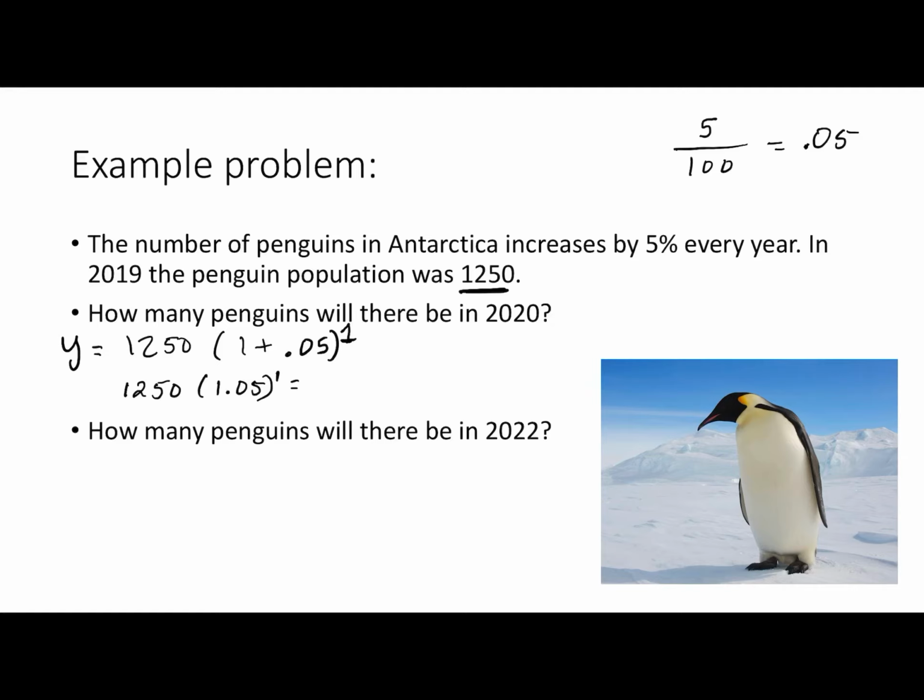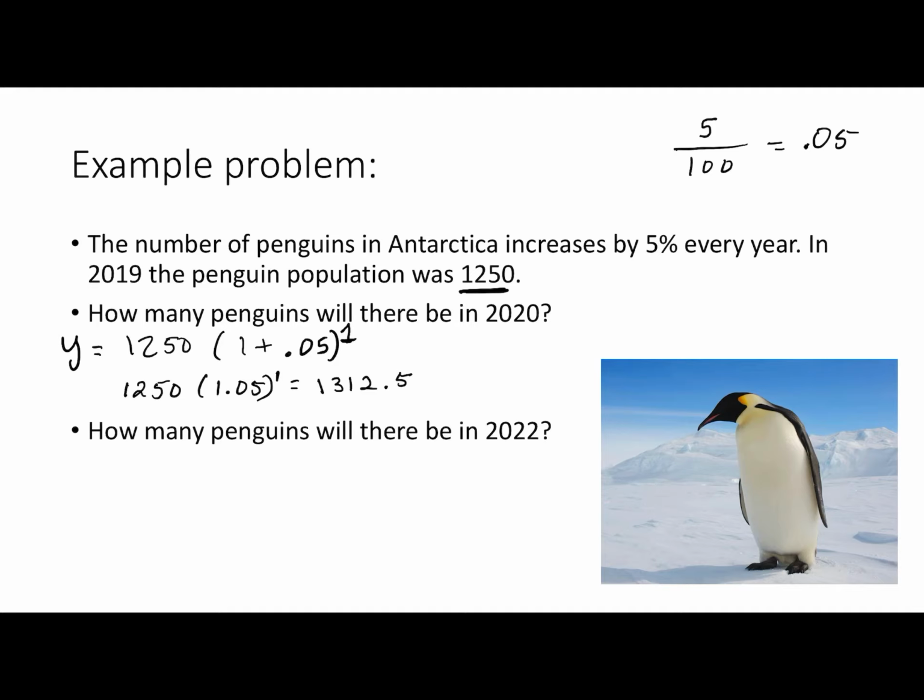The power of 1 is kind of obvious. It just means you multiply 1.05 by itself without the exponent. But if it helps you remember that you're going to need an exponent there, just write it down every time. What I'm getting here is 1312.5.